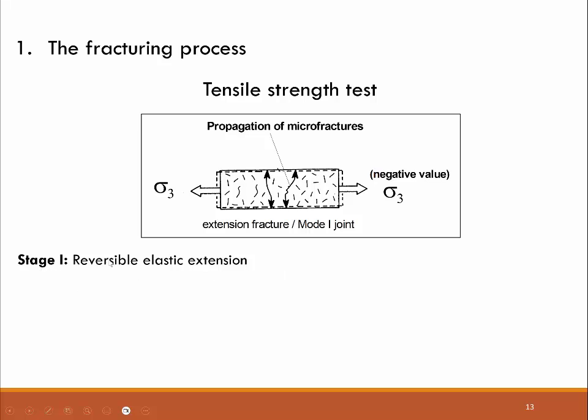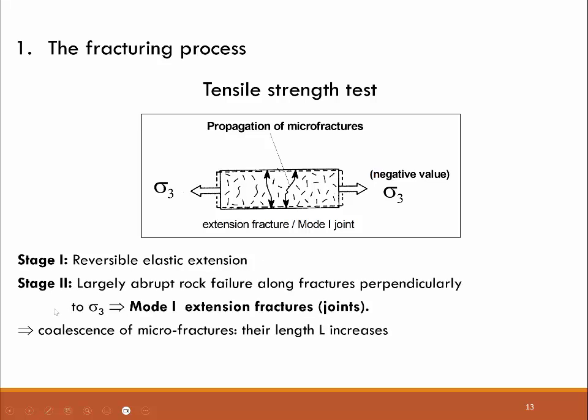The first stage of deformation would be a small amount of reversible elastic extension before in a second stage we produce mode 1 extension fractures, which follow an abrupt rock failure along fractures that are perpendicular to sigma 1. That is illustrated here.